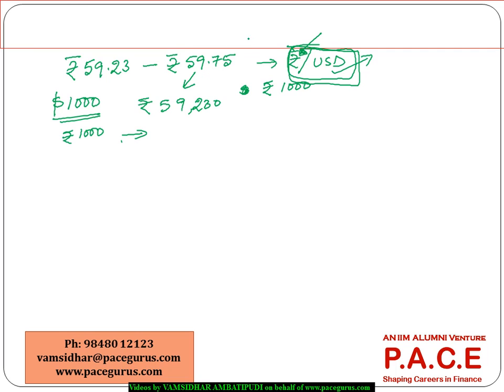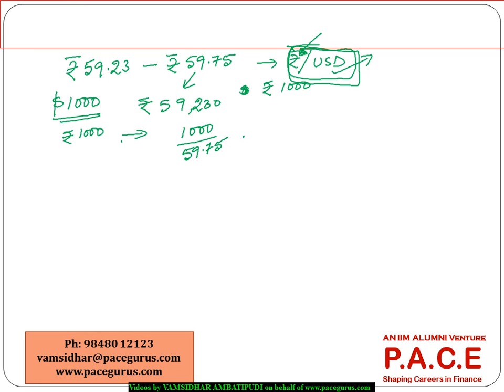So he will sell $1 at 59.75. If he is selling $1, you are buying $1. So by selling 1,000 rupees, you are buying 1,000 divided by 59.75 dollars. So you have to use the ask rate there.